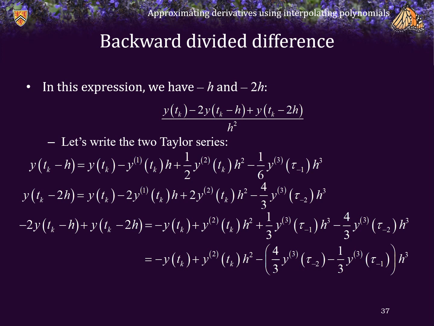Instead, we can say that as long as the third derivative is approximately constant within the vicinity of t sub k, we can approximate the error term as follows. It's simply the third derivative evaluated at t sub k times h cubed.